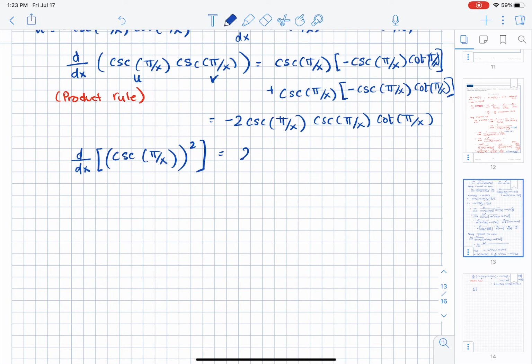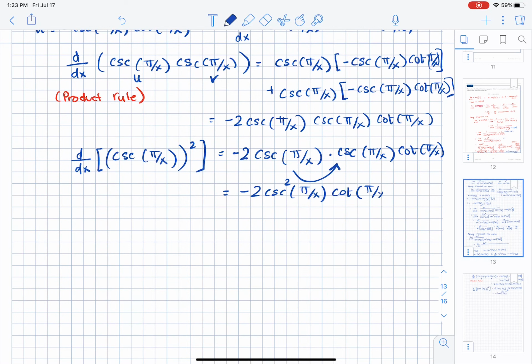That would give me 2 times cosecant pi over x multiplied by the derivative of cosecant pi over x. We get cosecant pi over x cotangent pi over x with a negative. So the answer is the same. So you've got to pick and choose wisely. So cosecant squared pi over x cotangent pi over x.